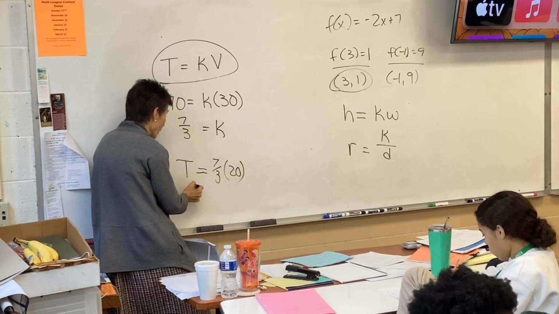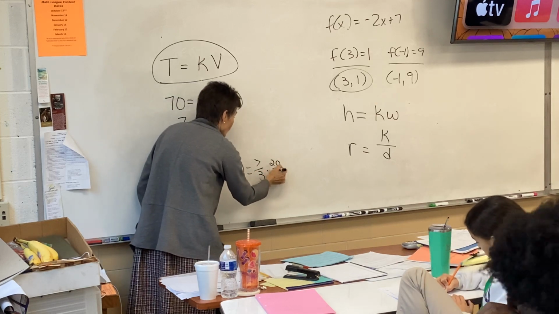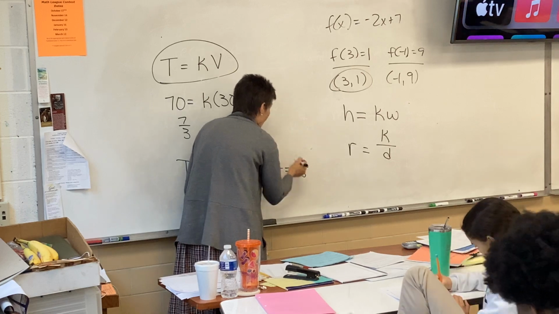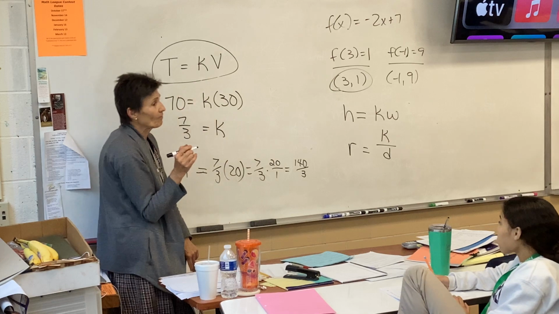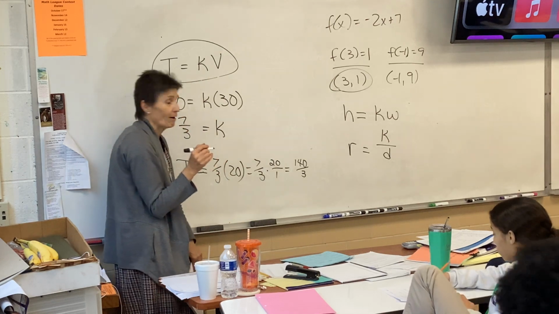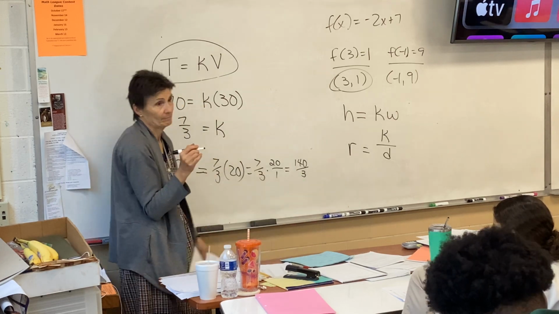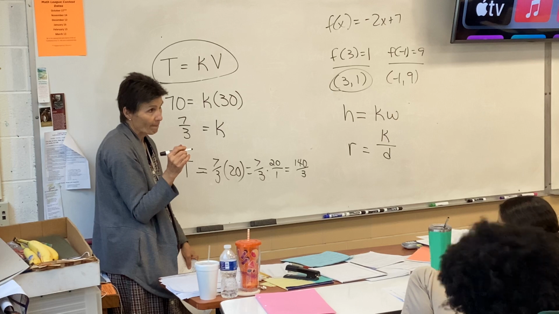So now we will multiply 7/3 times 20 over 1. I am fine with the fraction, I'm fine with the decimal, I'm fine with the mixed number, however you want to write it. It's easiest just to leave it like that. But whatever you want to do, that's your T value.